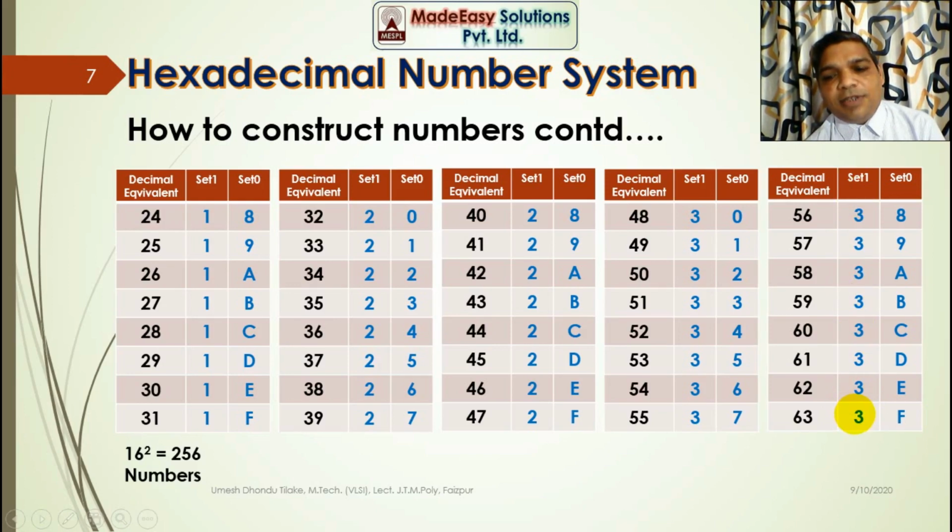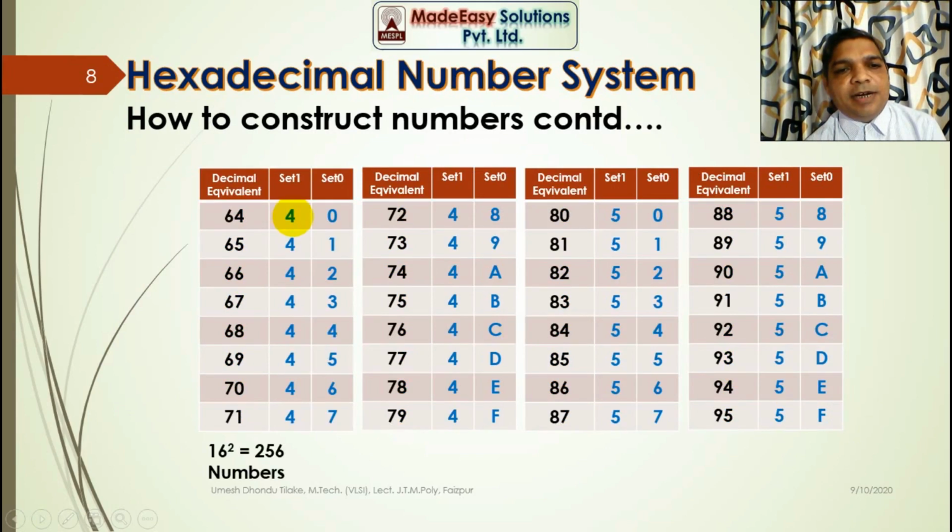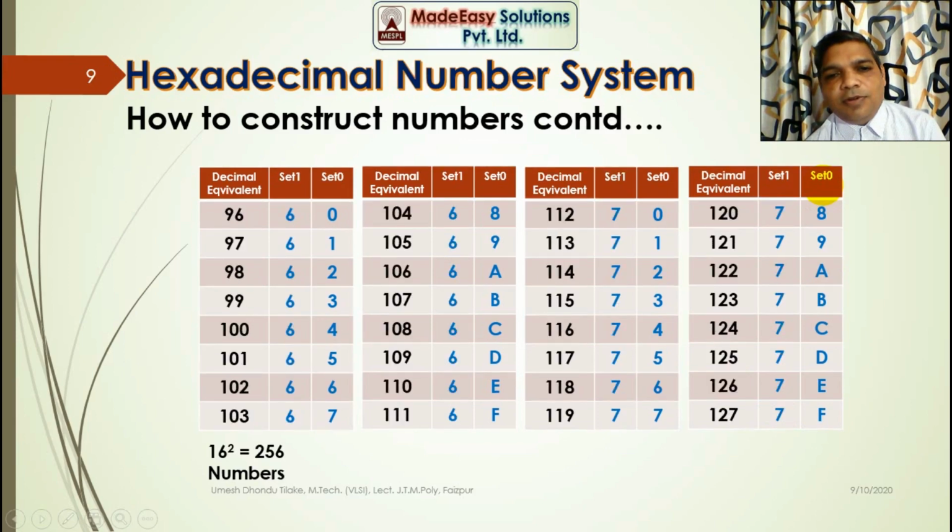So see here, after 3 we get 4 in set 1. We have used 4 up to F. Then we have used 5 in set 1 and kept it constant until F in set 0. Here we have used 6 in set 1 and kept it constant until F is used in set 0.